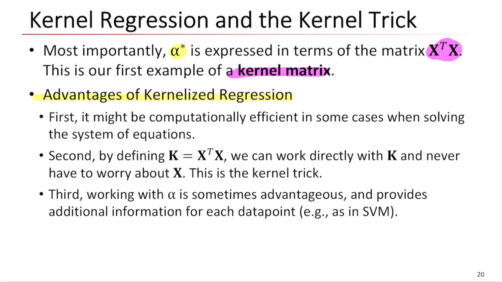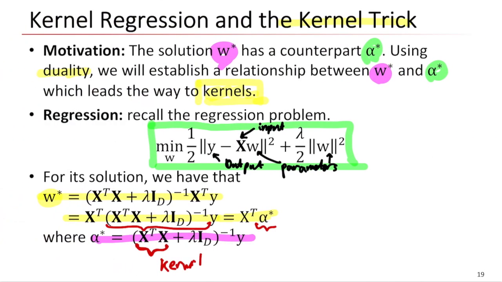First of all, it is computationally efficient in some cases when solving the system of equations. As I mentioned previously, to solve this equation, there are two kinds of methods: the gradient descent and the closed-form solution. But compared to the gradient descent, if we introduce the kernel matrix, the closed-form solution is much more computationally efficient.